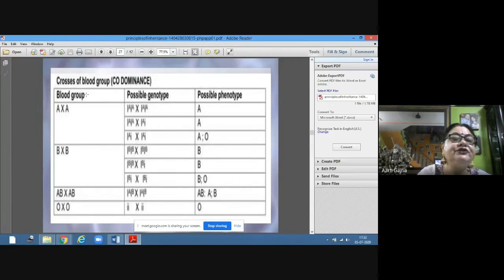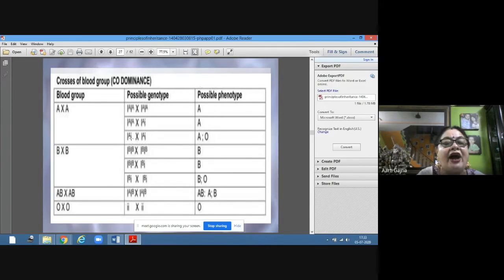Suppose the blood group is A. Now, if the blood group is A, what are the possible genotypes? IA. Both parents will have IA, then the possibility of A is there in the child. If one parent is IA and the other is Ii, then also there is possibility of A, because only one allele will be getting into a gamete.